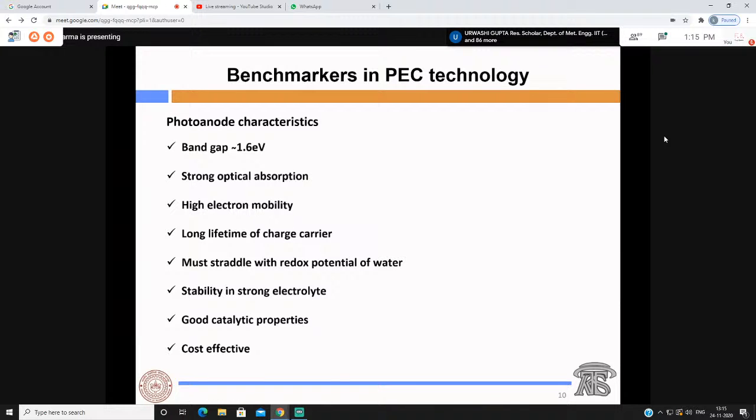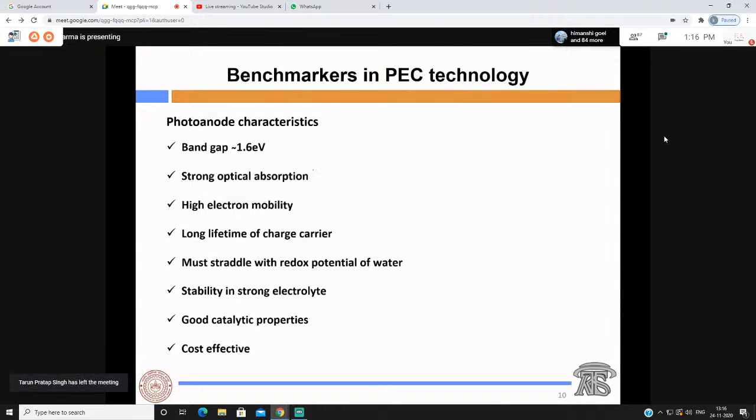The semiconductor material should have strong absorption of solar irradiation. It should not be like, if we shine light, it is reflecting or transmitting. It should absorb more and more of the solar spectrum so that it can be harnessed for chemical energy conversion.